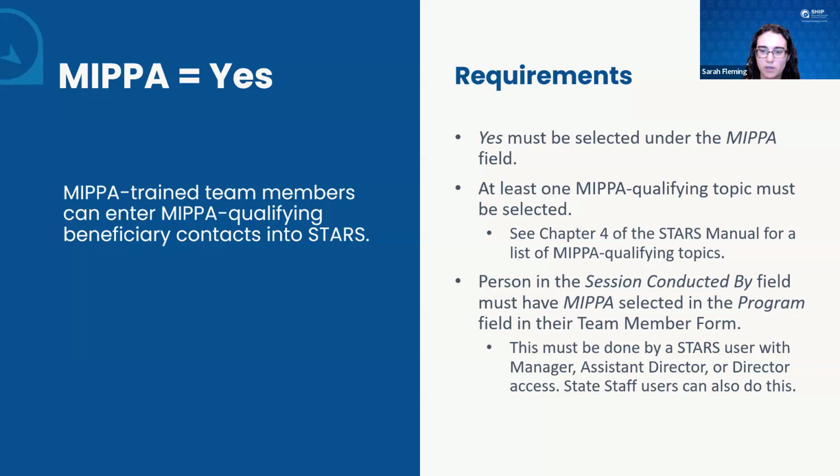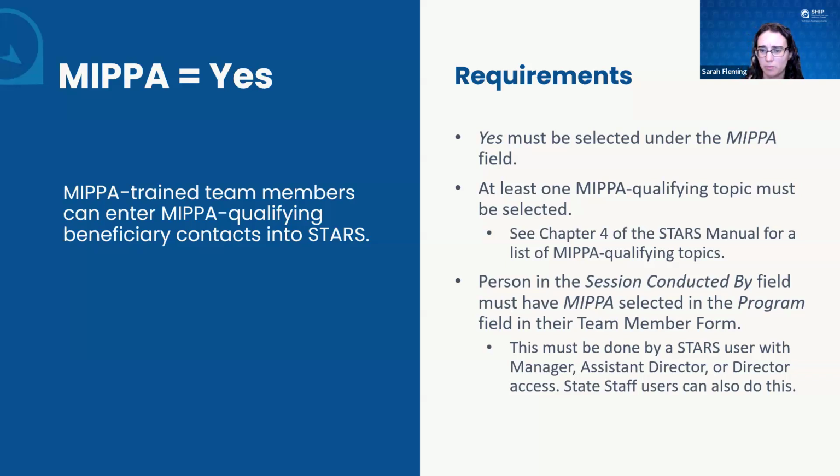Also, there need to be MIPA qualifying topics selected. Chapter 4 of the STARS manual has a detailed list of the different MIPA qualifying topics, but generally speaking, they are related to MIPA related issues such as Medicaid, extra help, and other services for people who are low income.